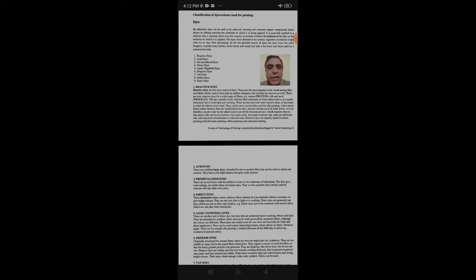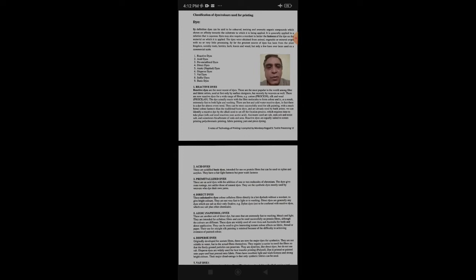Number one is the reactive dyes. This is the most versatile, meaning most important, dye which is accepted in the dyeing and printing world. Versatile means it is accepted by various classes of fibers.